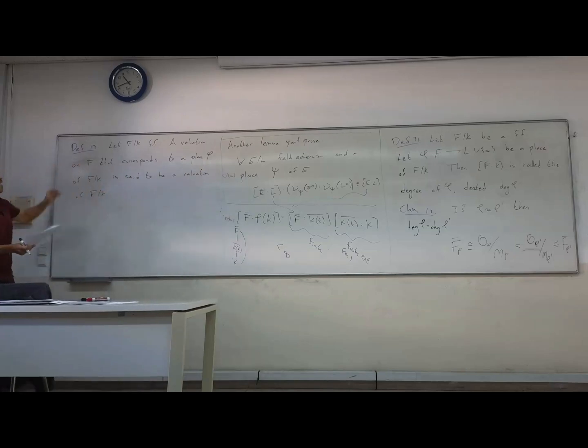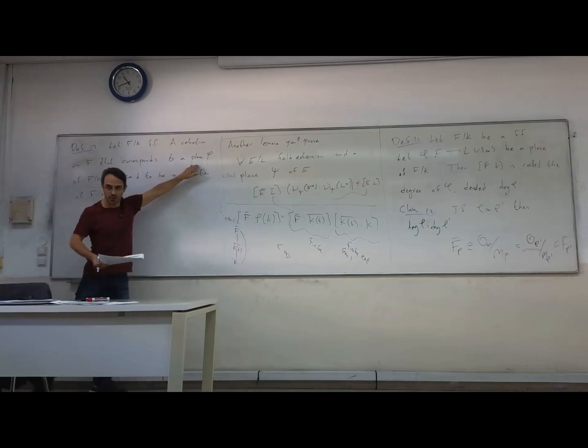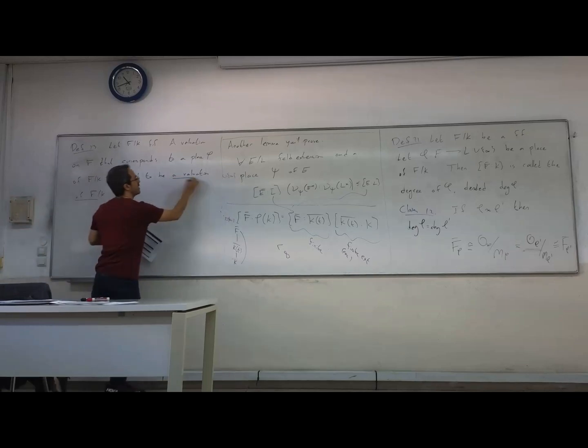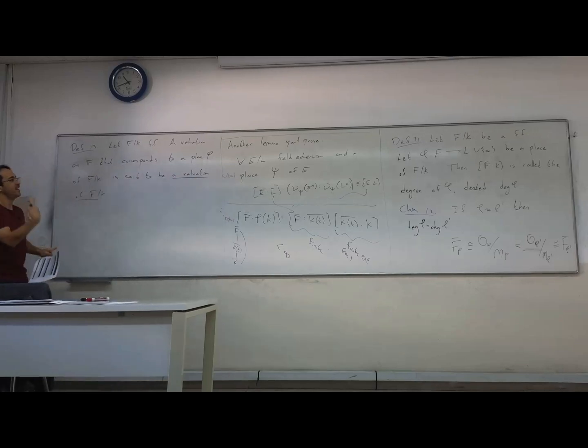And a valuation that corresponds to a place of f over k that respects k and is non-trivial on f is said to be a valuation of f over k. I'm defining this, a valuation of f over k, using the definition of a place of f over k. Okay, but it's a definition. We are going to be only interested in those valuations.